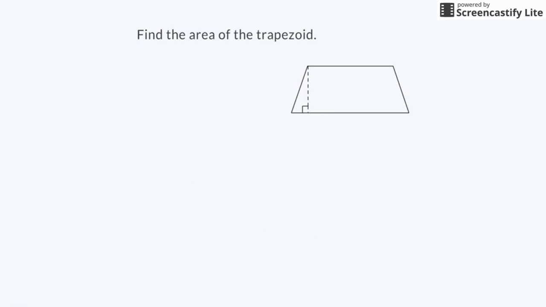Let's try one more example. Find the area of the trapezoid. I have a trapezoid with a top base of 14 centimeters, a height of 7.5 centimeters, and bottom base of 22 centimeters. I'm going to substitute what I know into the area formula and solve.